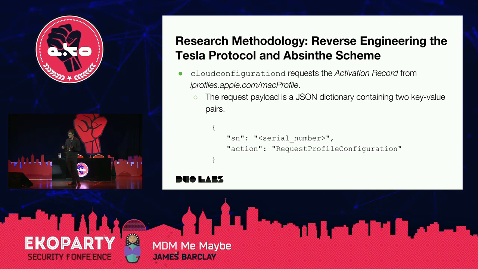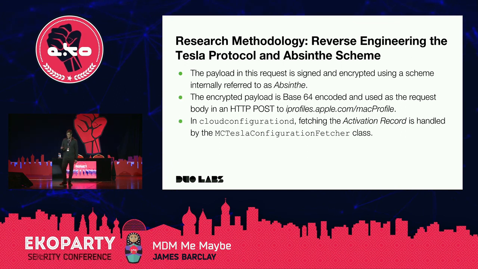So, reverse engineering this Tesla protocol. The Cloud Configuration D binary will request this activation record, which I mentioned previously contains these two key value pairs, the action and serial number. The payload in this request is encrypted using a scheme internally referred to as Absinthe, and is then base64 encoded and used as the request body in an HTTP post to that endpoint.